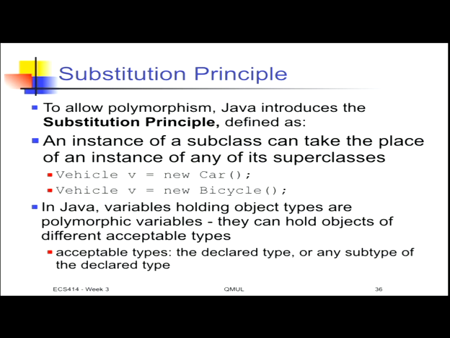Okay? It's just, again, a different application of the same principle. The principle is general. Yeah? So for a method that has a type vehicle, you can pass to that method as argument an instance of car or an instance of a bicycle. That will be fine. You will not get a compile error.